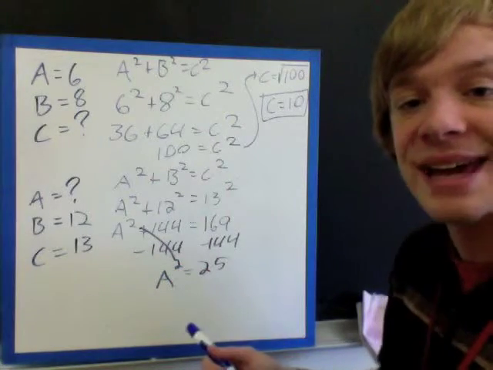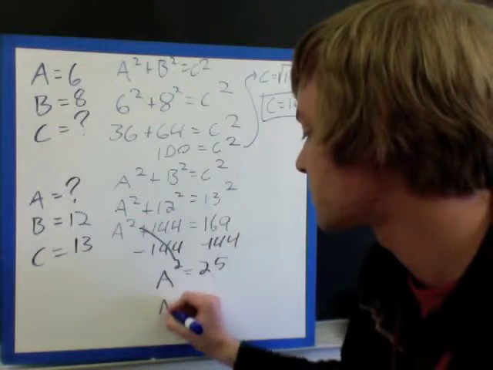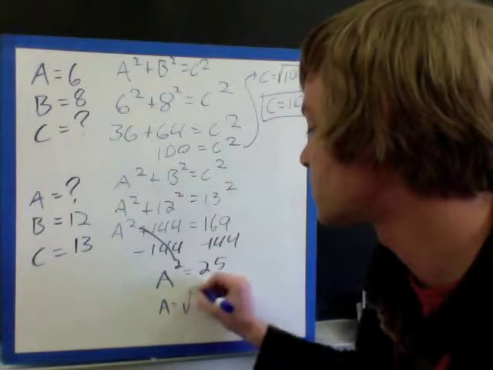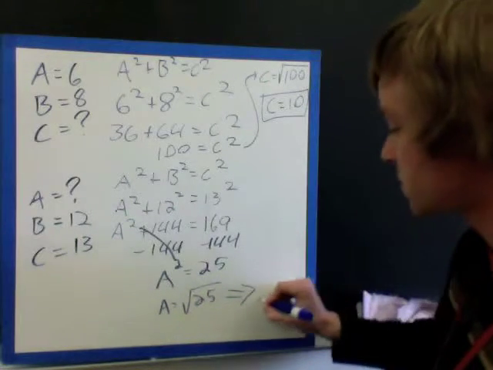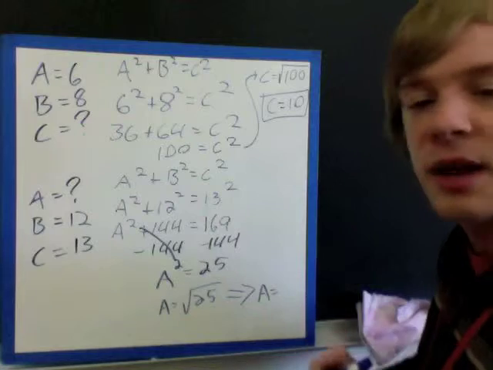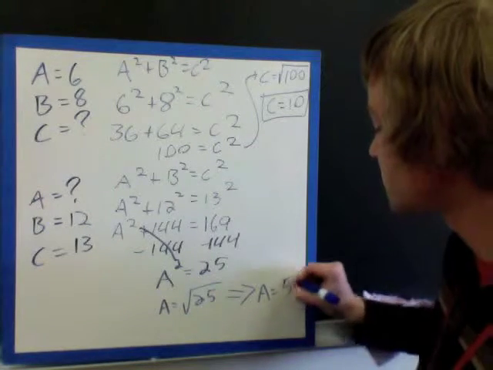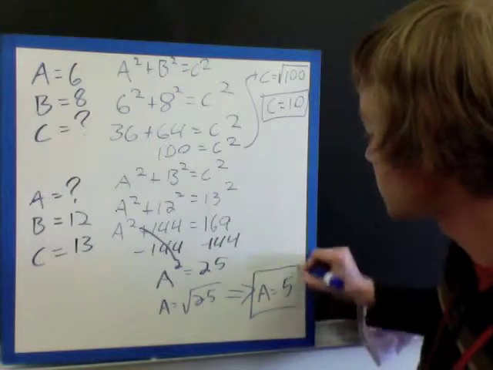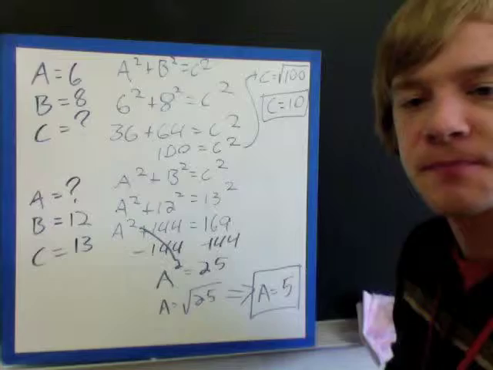So if I want a, I need to take the square root of 25. And if we take the square root of 25, we should just get a regular 5. So that means my missing side has a length of 5 here.